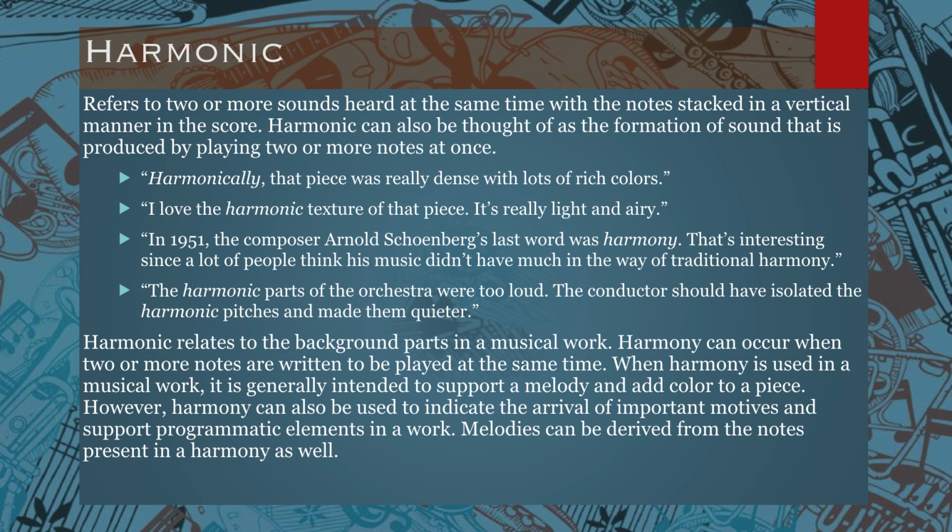That's one way you can use harmony to create a melody that develops out of this germ of an idea in the harmony. It's something we'll talk about later as well.